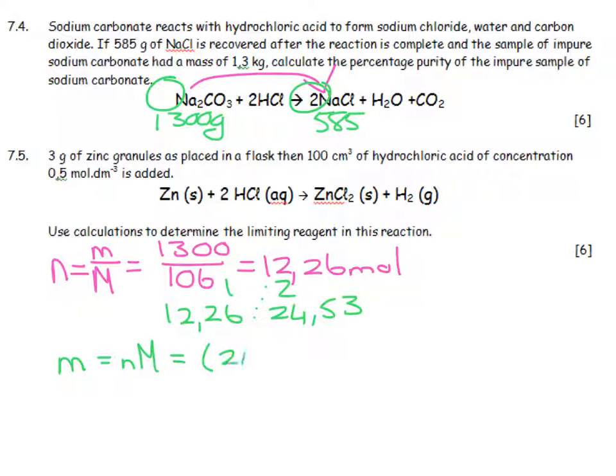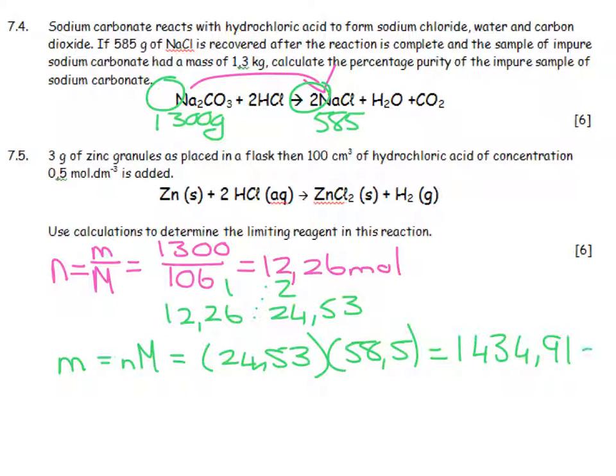The number of moles of sodium chloride that I would get is 24,53. The molar mass of sodium chloride is 58,5. And therefore, I should have got 1,434,91 grams.